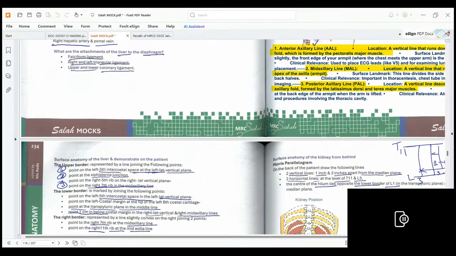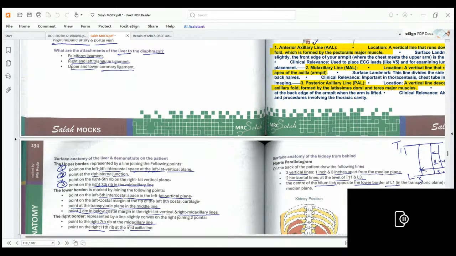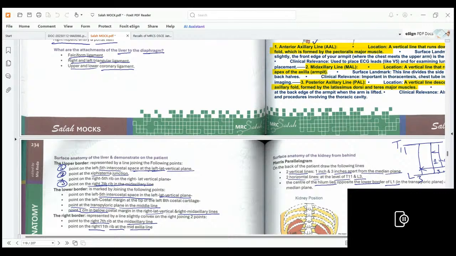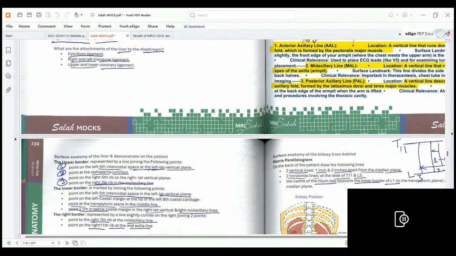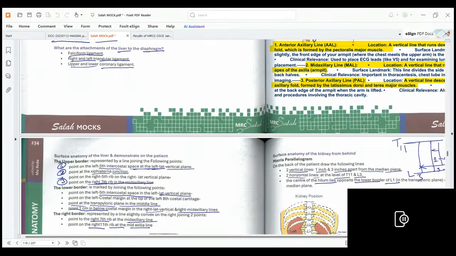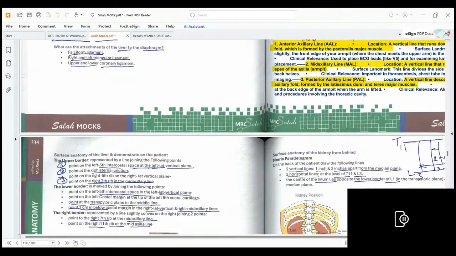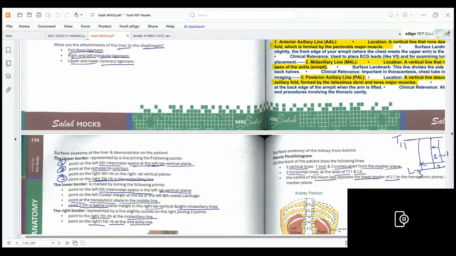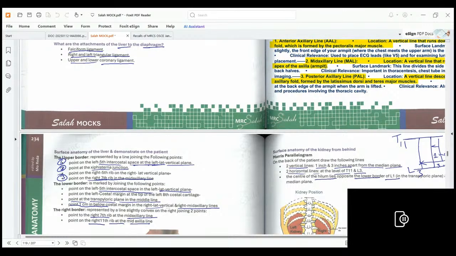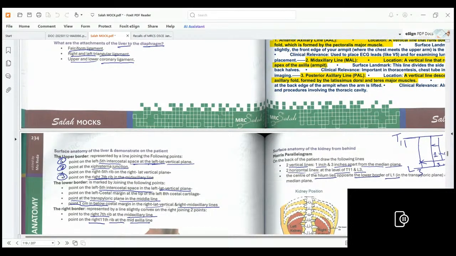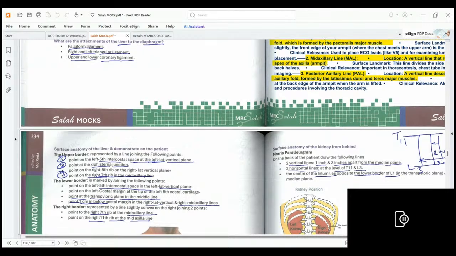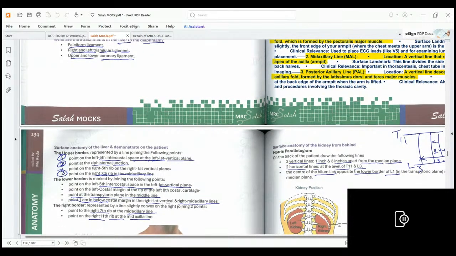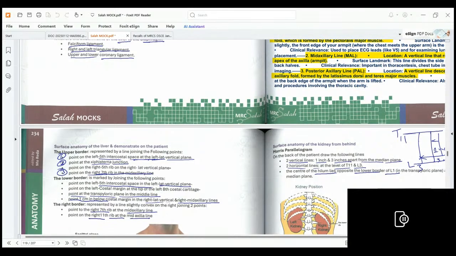Then a point at the xipho-sternal junction. The first point is the left fifth intercostal space at the left lateral vertical plane. This is the first point.